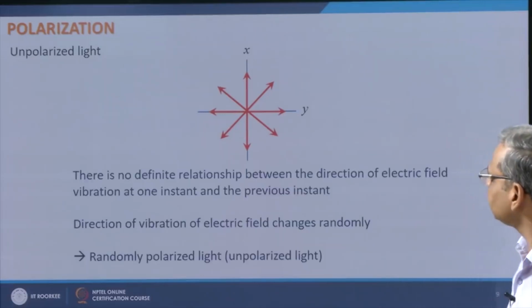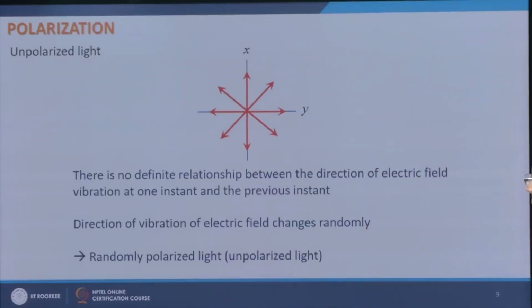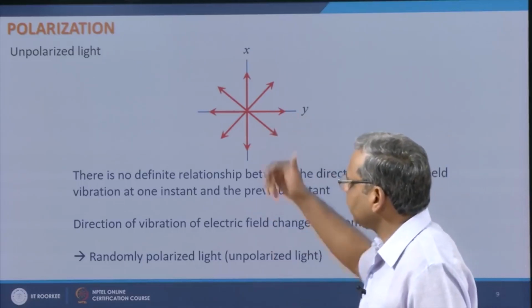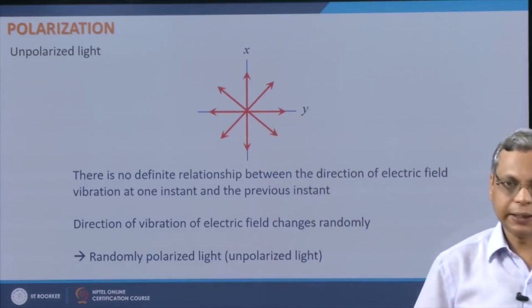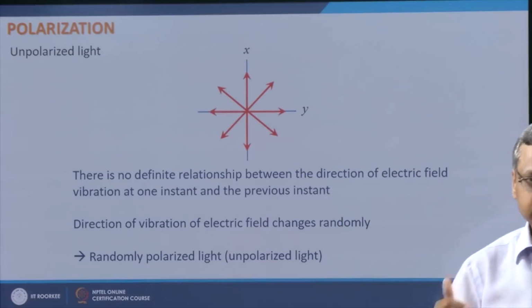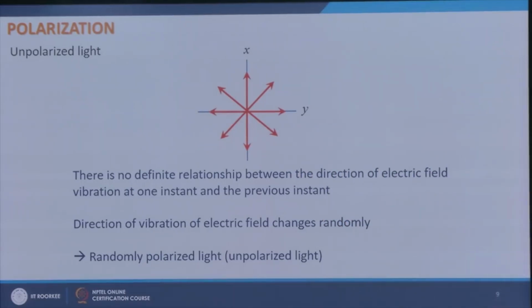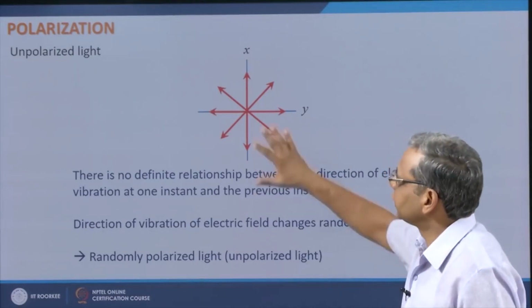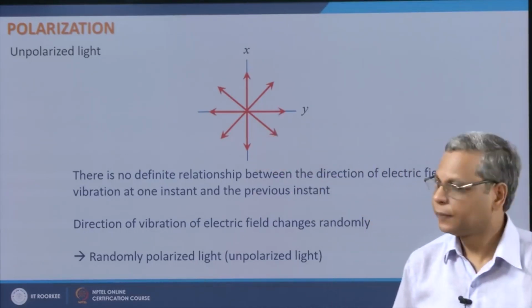They change their direction randomly. Such kind of light is known as randomly polarized light or unpolarized light. People call it unpolarized light, but I prefer to use randomly polarized light.